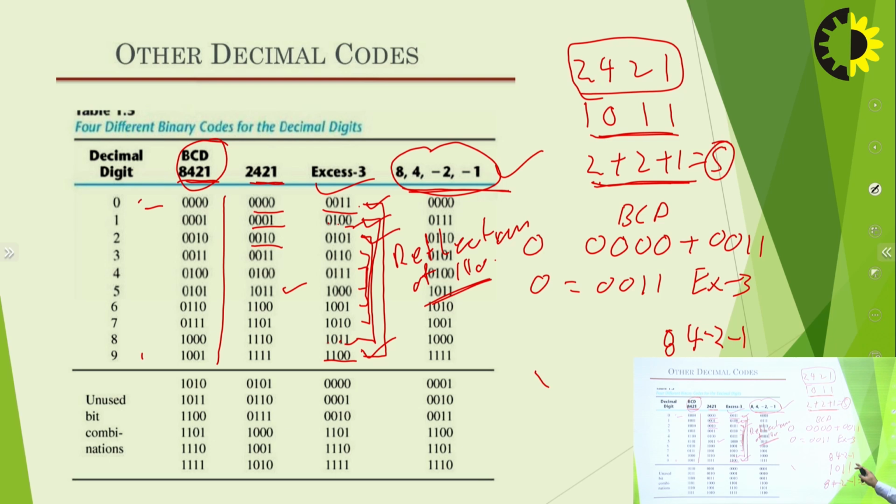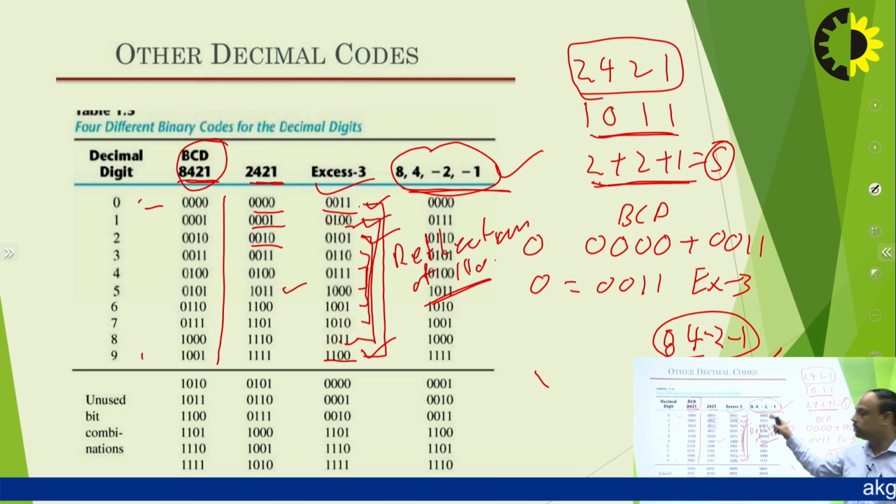So this is the 5 representation in 8, 4, minus 2, minus 1 code. It is represented by 1, 0, 1, 1. In this way, 0 is represented with all the bits 0.